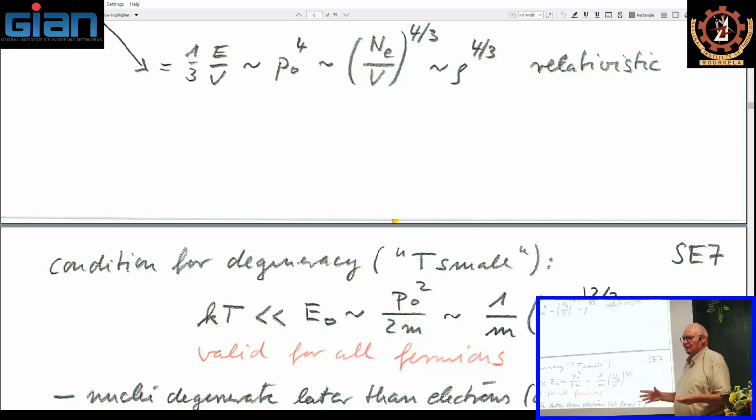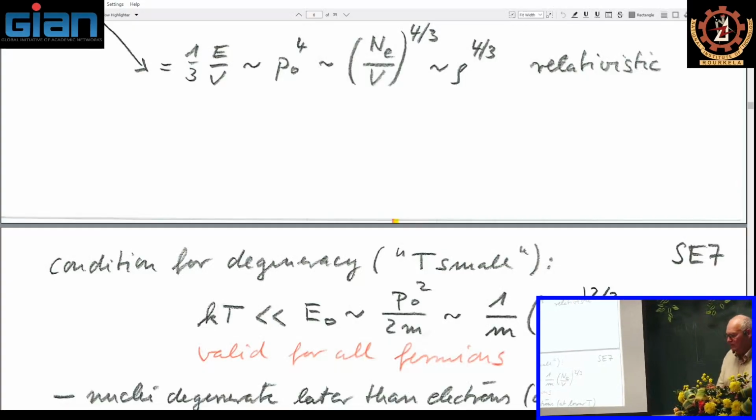So in our mixture, once the degeneracy sets in, we have degenerate electrons and non-degenerate thermal nuclei. That's why we have to deal with the degeneracy of electrons first. The degeneracy of nuclei comes much later.